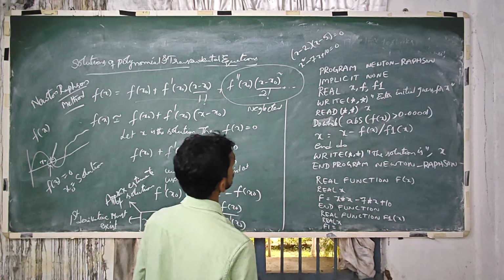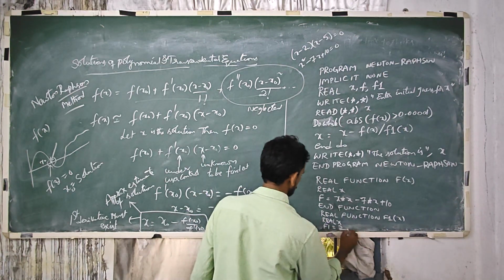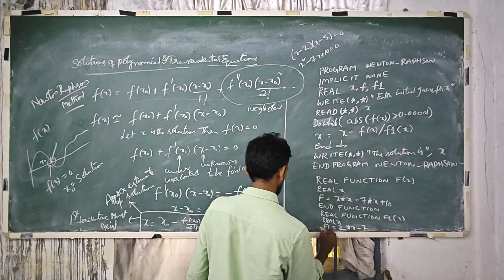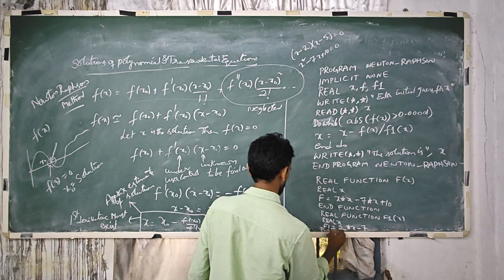What is the derivative? 2x minus 7. End function.